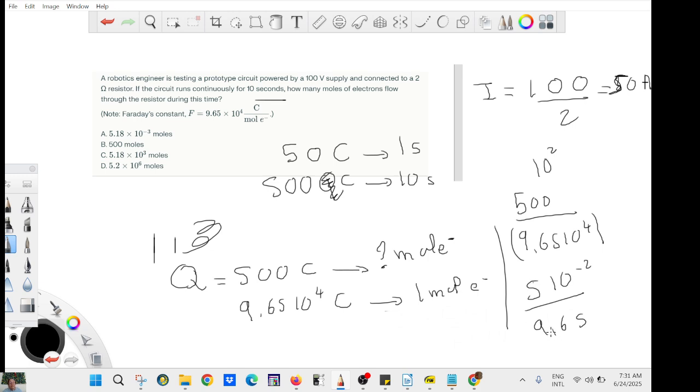So that will be about 0.5 times 10 to the negative 2, which is about 5 times 10 to the negative 3. So we want a negative 3 here. So the only answer would be A. Right? So 0.5 times 10 to the negative 2. Okay, so that will be the only answer possible.